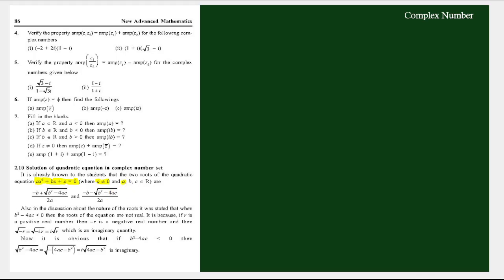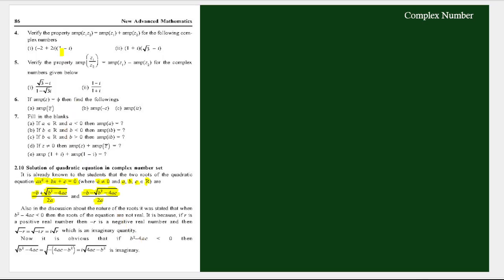And all these coefficients a, b and c should be real numbers. Then their solution will be this one, the roots of this quadratic equation. One of the roots will be minus b plus root over b square minus 4ac by twice of a, and another one is minus b minus root over b square minus 4ac by twice of a.